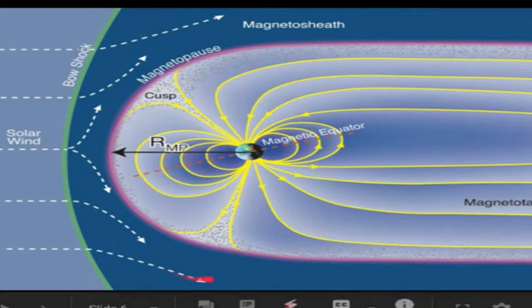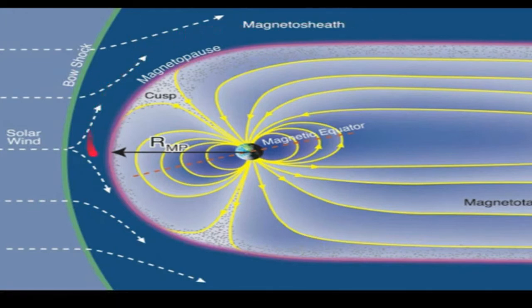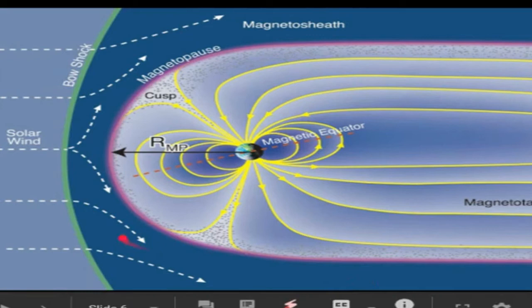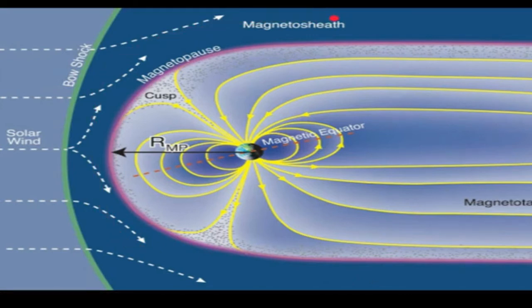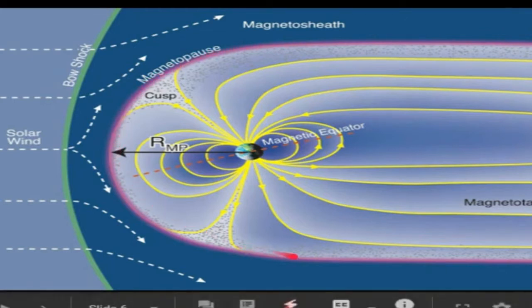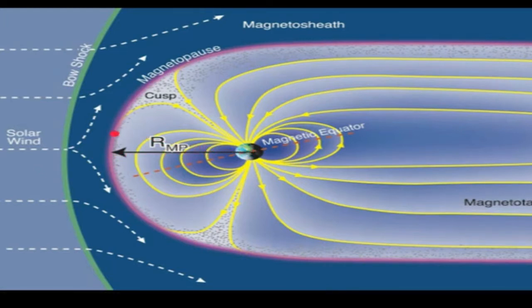Outside this region, the IMF, the interplanetary magnetic field, isn't really affected by the Earth. Okay, so this is where our Earth is going to begin to deflect some of these particles from the solar wind. Then this region right here, this magnetopause, it's a rather thin region. Well, it's not actually thin in terms of astronomical units, but this is a region where you have these particles that are trying to bombard into our Earth, and when they do, they get reflected back out.